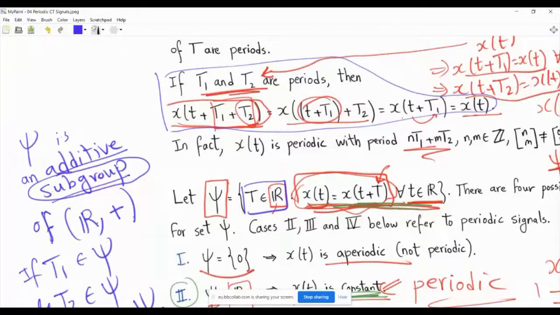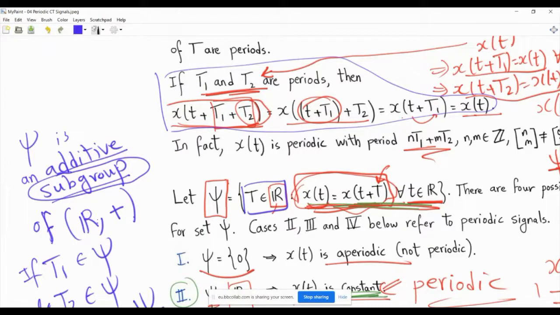So psi is an additive subgroup of R with the plus operation. There is a theorem that any additive subgroup of R with the plus operation is either discrete or dense.